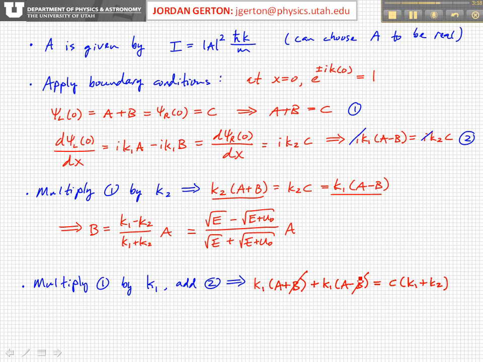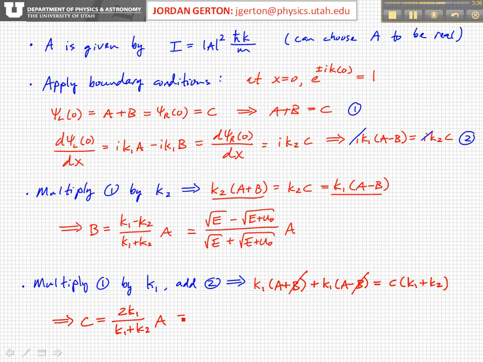And if we then solve for C, we find that C is equal to 2 K1 over K1 plus K2 times A.